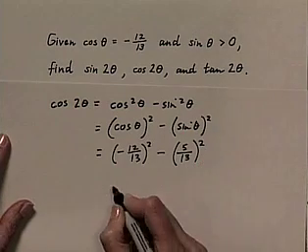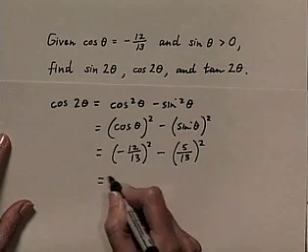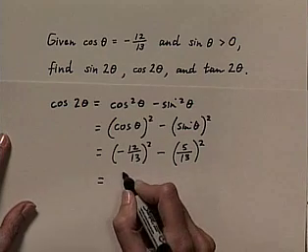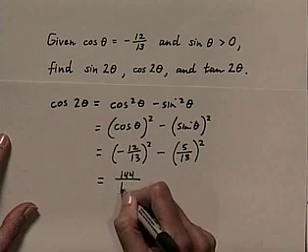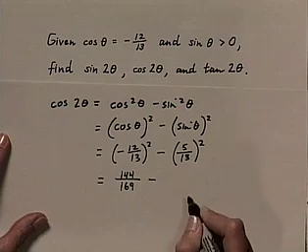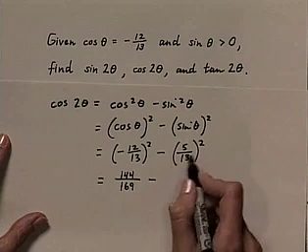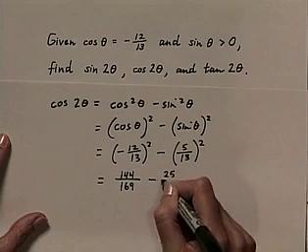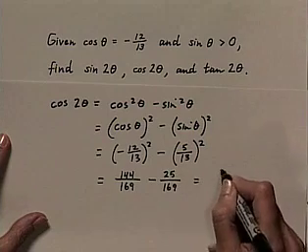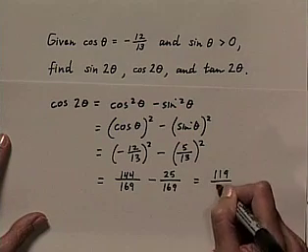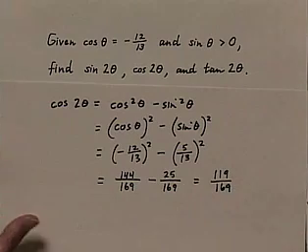Let's evaluate further. Negative 12/13 squared is equivalent to 144 divided by 169. We subtract from that 5 squared, which is 25, over 13 squared, which is 169. Subtracting gives us a value of 119 divided by 169.